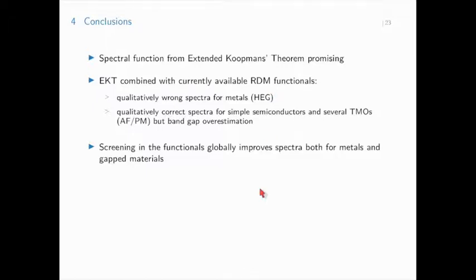So this overestimation can be cured by introducing the screening in the formulation. I showed you how for silicon we obtain quite good results, while for a system like transition metal oxides, we have a reduction of the band gap, but there are still some points to be fixed.